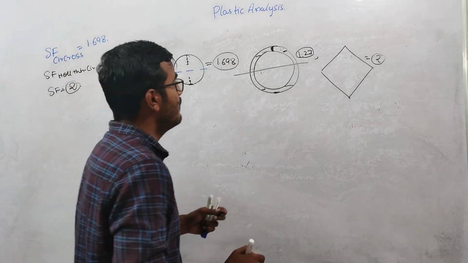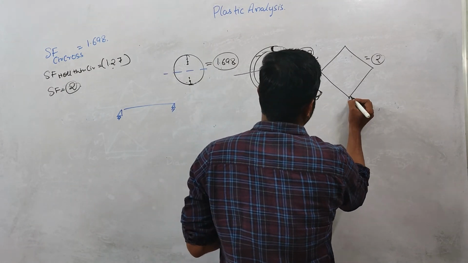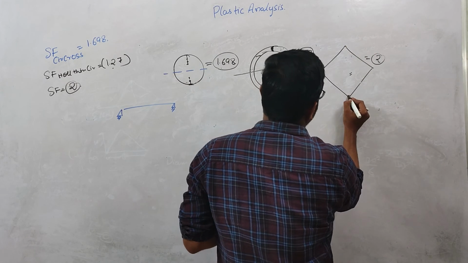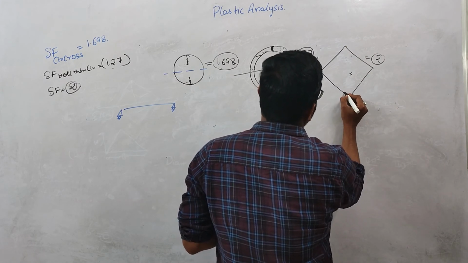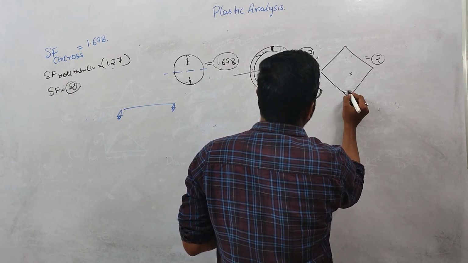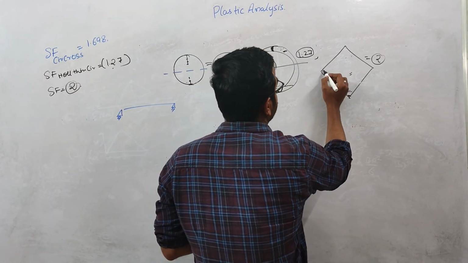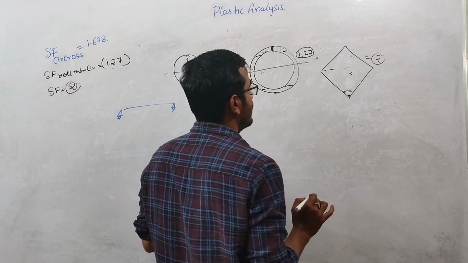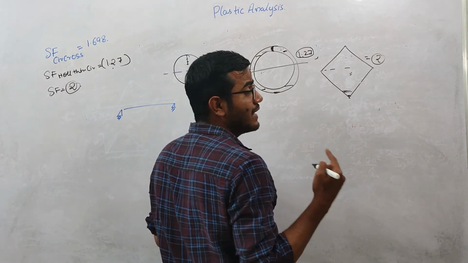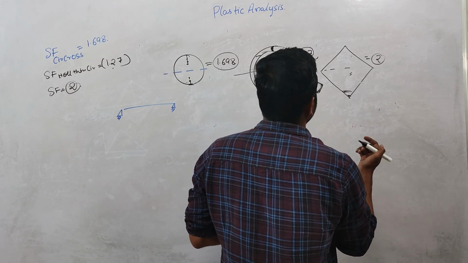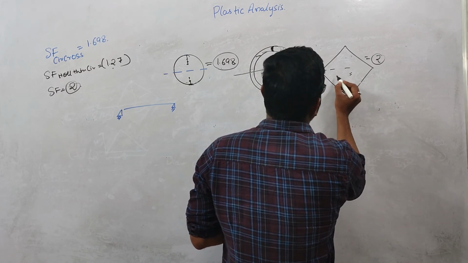In the same way, when we consider the diamond cross section, first this portion will yield. Again, when you are moving inside, you can see that the cross section area is increasing, more and more towards this neutral axis. For calculating My, there is less area at the outer fiber, but as we are moving inside, the area is increasing.